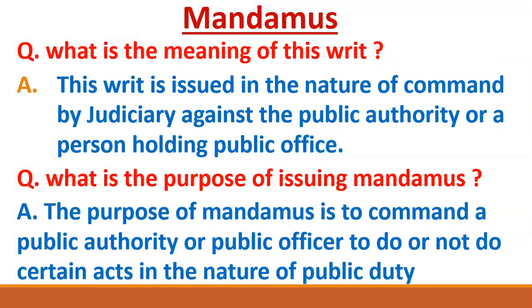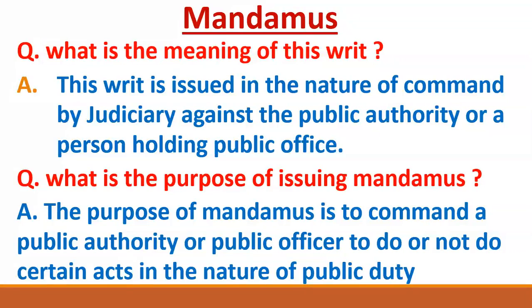So now what will the Supreme Court do? Now the Supreme Court will issue the writ of Mandamus. Means the Supreme Court will command the municipality not to destroy the house of Bhadru. So Mandamus means when a court gives an order to any public officer or any public authority to do certain work or to not do certain work.